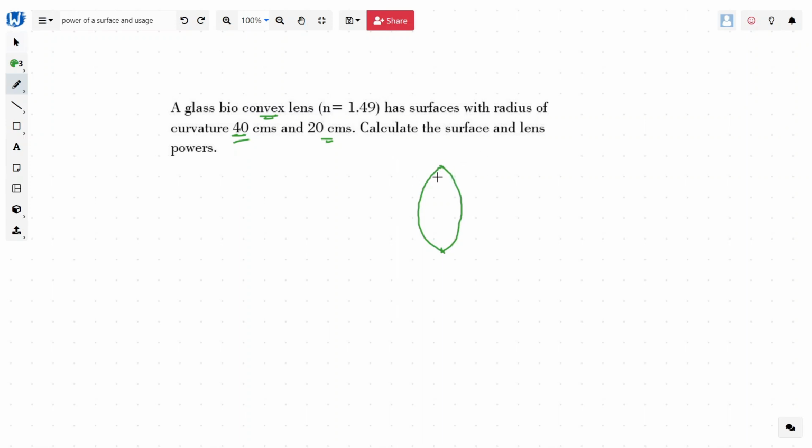So R1 is 40, R2 is 20, and N is 1.49 or 1.5, or we can write it as 3 by 2, okay?